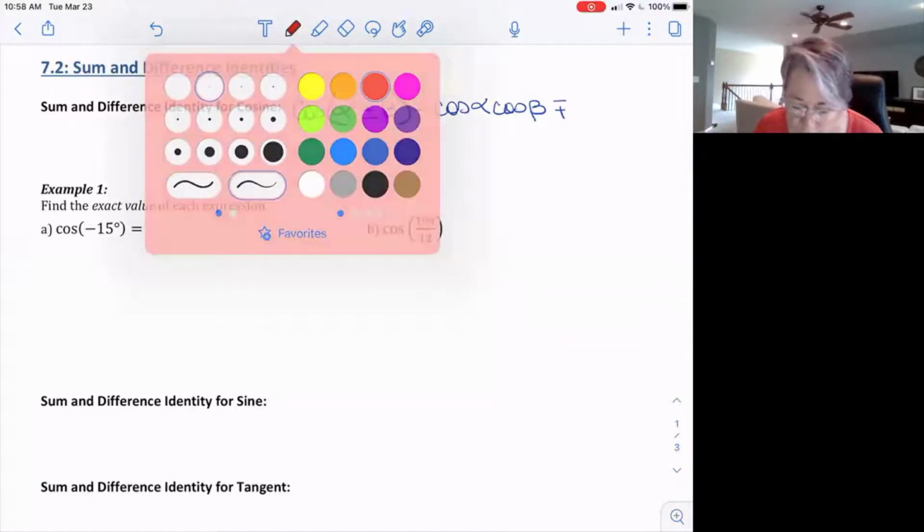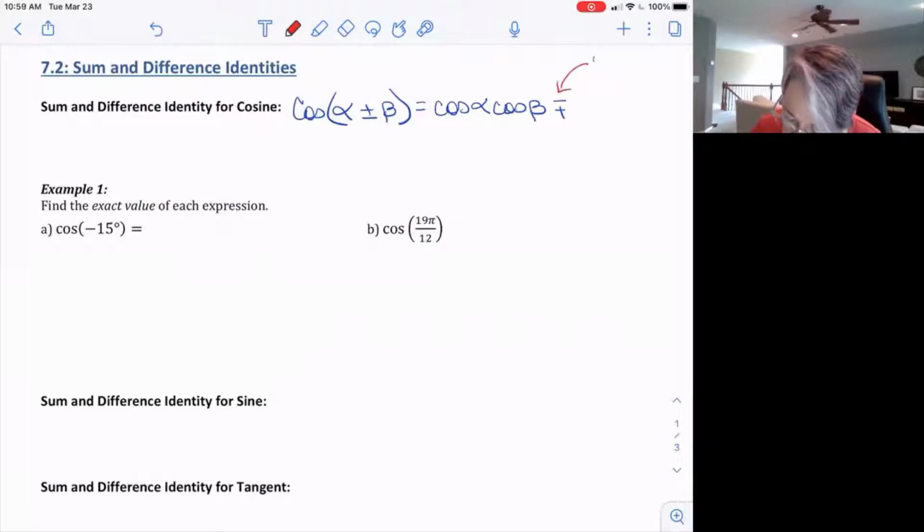So feel free to write yourself a note. This is going to be the opposite sign. And then we'll have sine of the first angle alpha times the sine of the second angle beta. Okay, so this is the sum and difference identity formula for cosine.